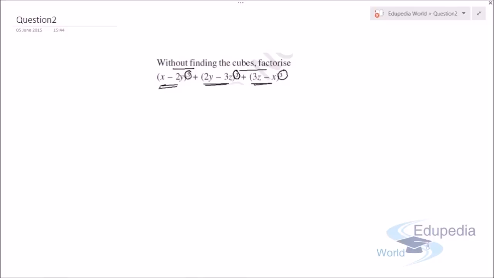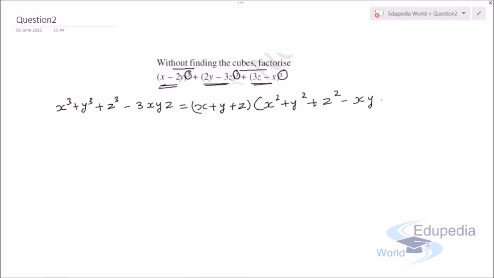So we can directly infer that we can apply the identity x cube plus y cube plus z cube minus 3xyz equals x plus y plus z into x square plus y square plus z square minus xy minus yz minus zx.